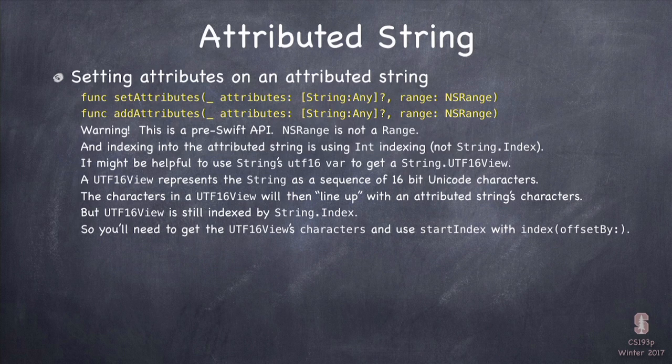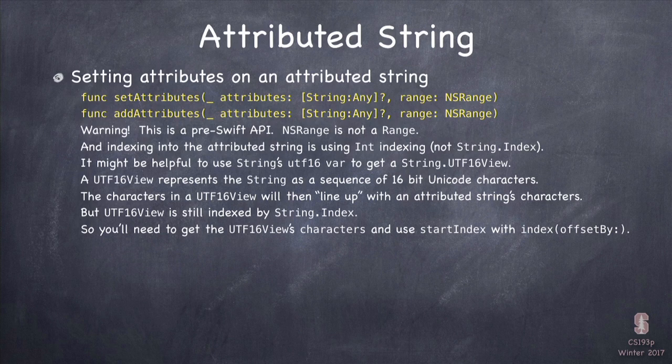And my recommendation to you is that you use this var on String called utf16. utf16 will give you back what's called a String.UTF16View. That is a collection of the characters, not really a collection like characters is, but it is a representation of the string as distinct 16-bit Unicode characters, which is much more aligned.